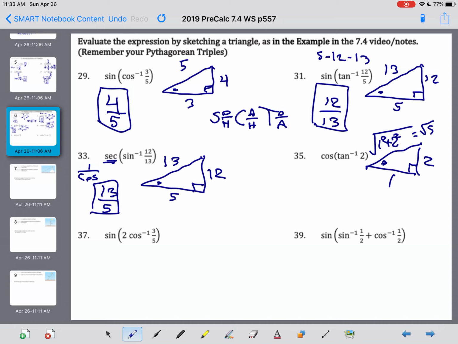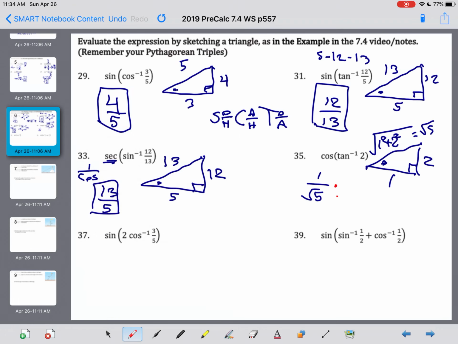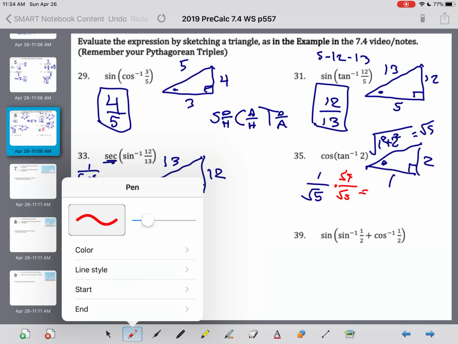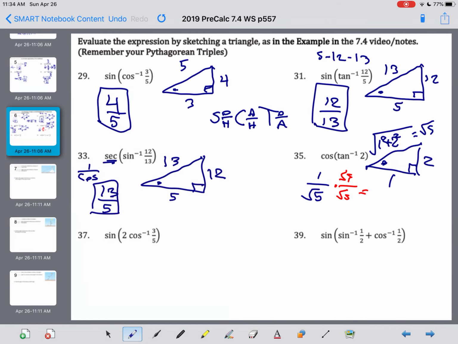And as we continue here, cosine is going to be the adjacent over the hypotenuse. We normally cannot leave that radical in the denominator, so I'm going to rationalize by multiplying both by square root of 5, so I get root 5 over 5 for my answer.